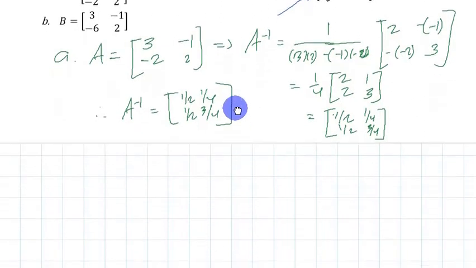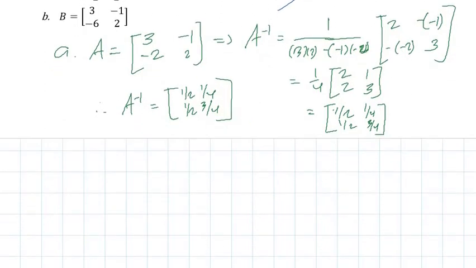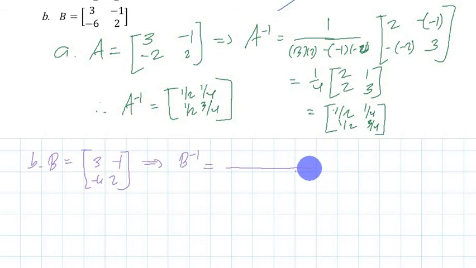For letter B, we have matrix B, which is 3, negative 1, negative 6, and 2. So B inverse would be, first the denominator, 3 times 2, minus negative 6 times negative 1. Then we multiply that to the matrix. This becomes 2, because we interchange that.